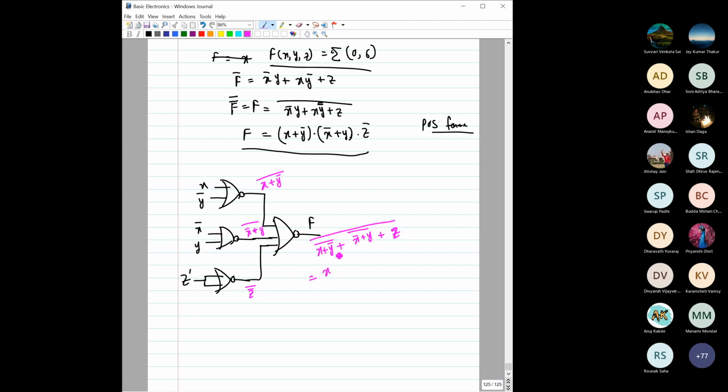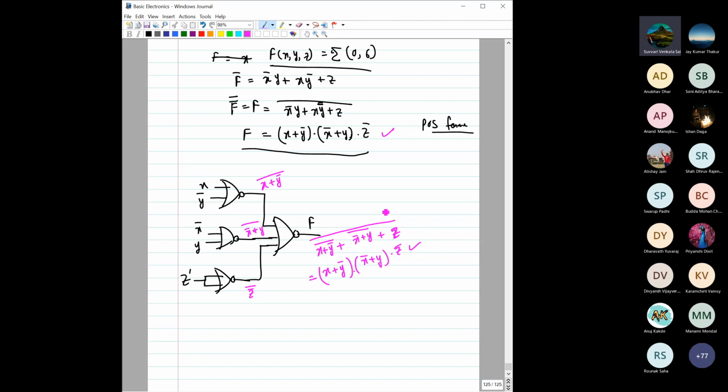If you split this out, it becomes X plus Y bar, this bar goes, and this becomes dot, so it is X bar Y, then again this becomes dot and this becomes Z bar. So it is basically the same function.